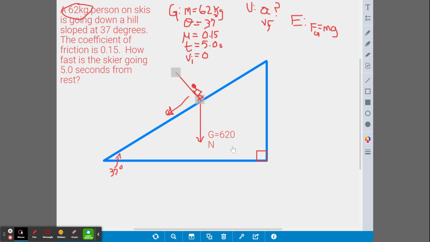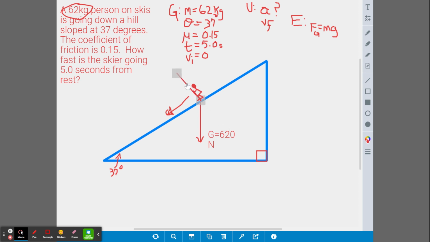So it's not exactly going to be 620 newtons, but it will equal this component of gravity. There is a component of gravity going this way, and we can figure that out with trigonometry.